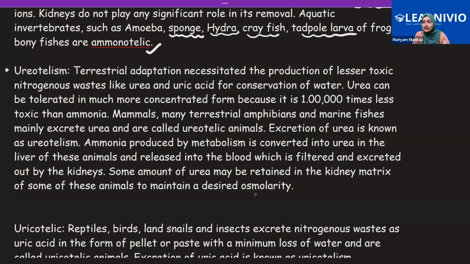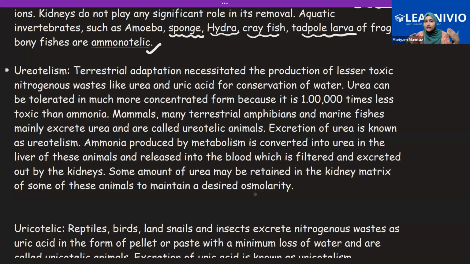Because now they were on the land, they didn't have enough access to water. The aquatic organisms are surrounded by water all around, but the terrestrial organisms have limited availability of water, limited presence of water around them, right? So that is why they evolved this mechanism that their body will not secrete such a highly toxic waste that would require excessive water loss.